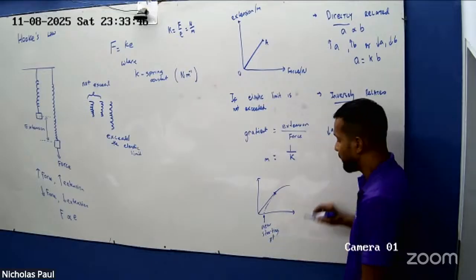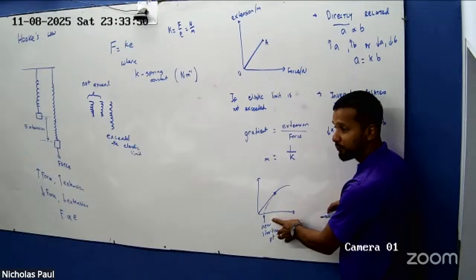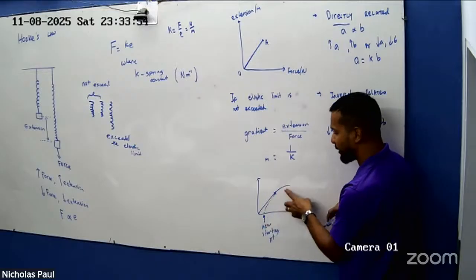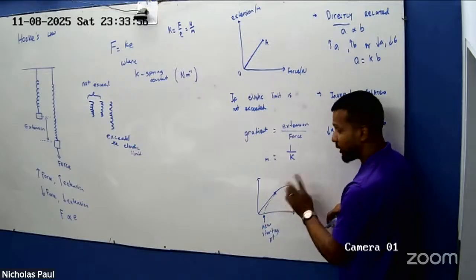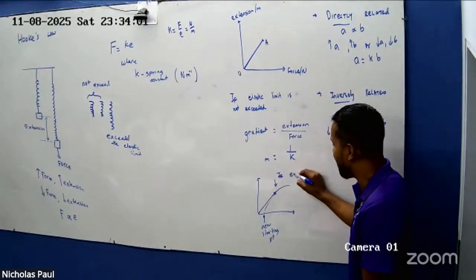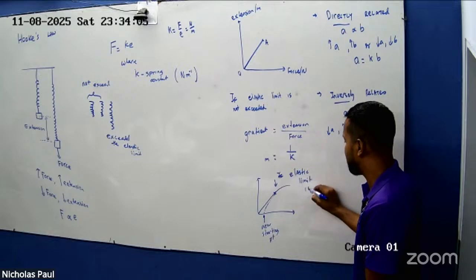This is a new starting point. Your graph will no longer be a nice straight line but a curve. Again, this is only if the elastic limit is exceeded.